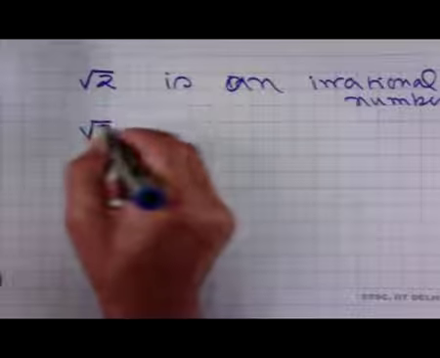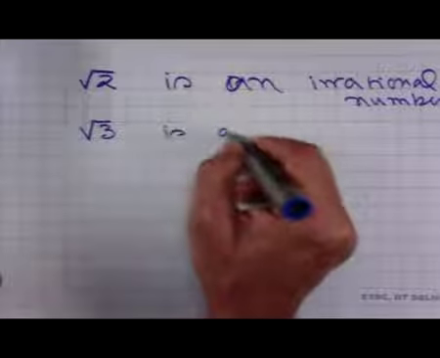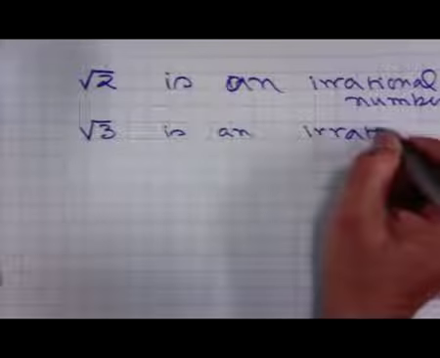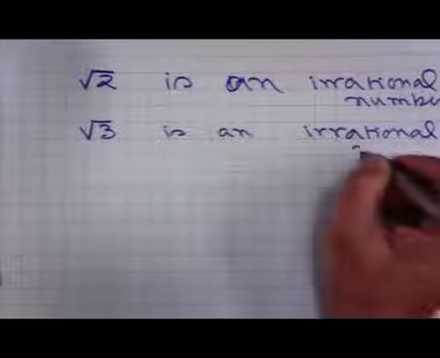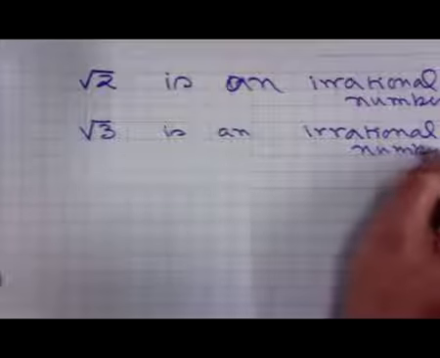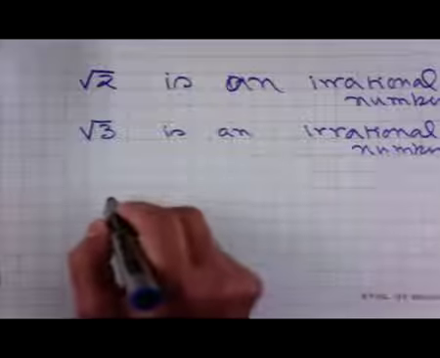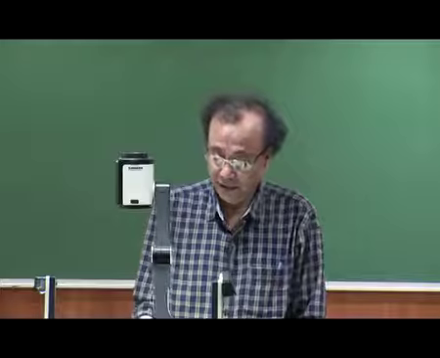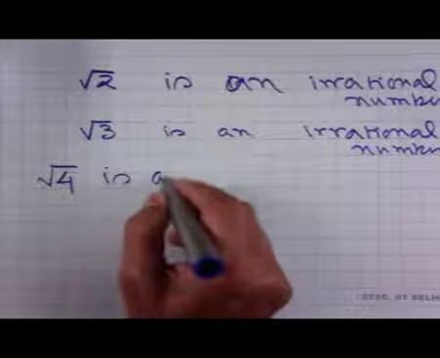Root 3 is an irrational number. Given these two, can we infer that root 4 is an irrational number?